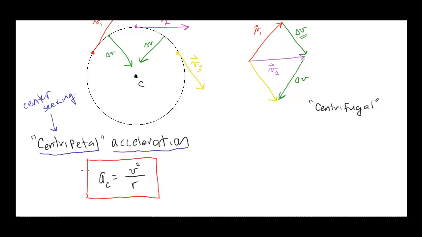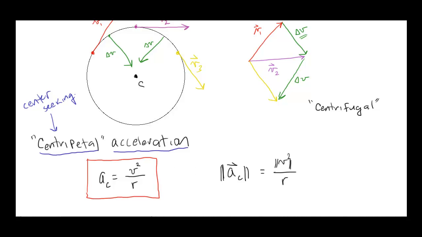Another way you might say this, because this centripetal acceleration is a vector quantity, is that the magnitude of the centripetal acceleration is equal to the magnitude of the velocity v, squared, divided by r.